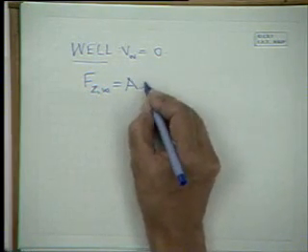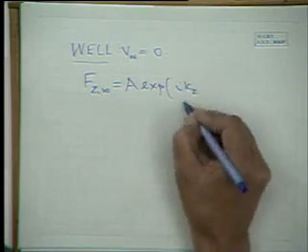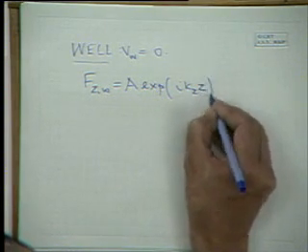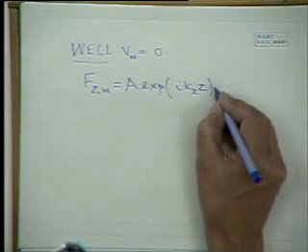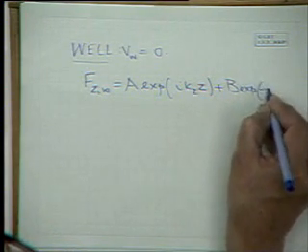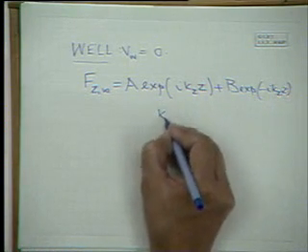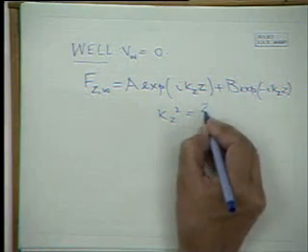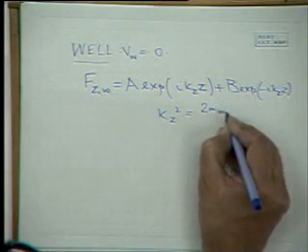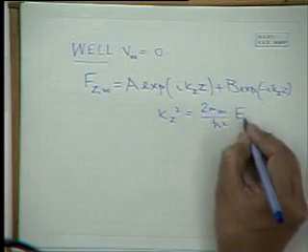f_W(z) equals A exponential i k_z z, where A is the amplitude of the wave traveling in the plus z direction, plus B exponential minus i k_z z, where k_z squared is twice m_w over ħ squared E_c.